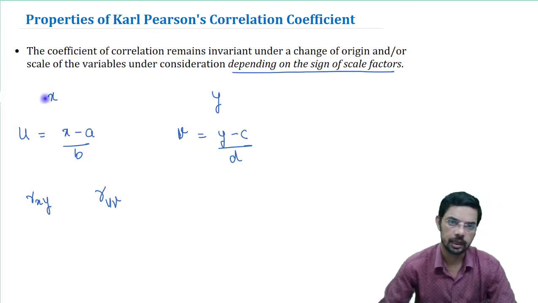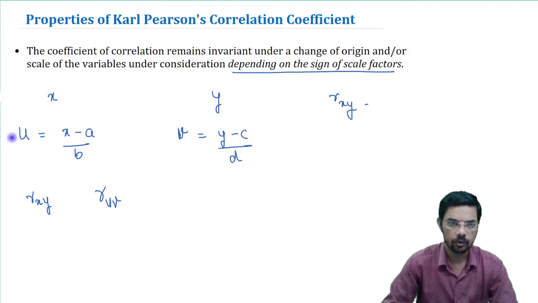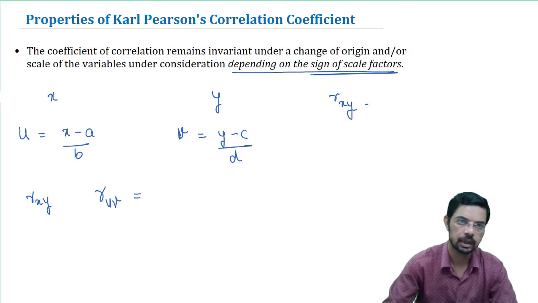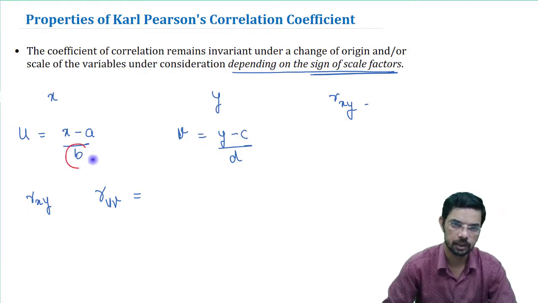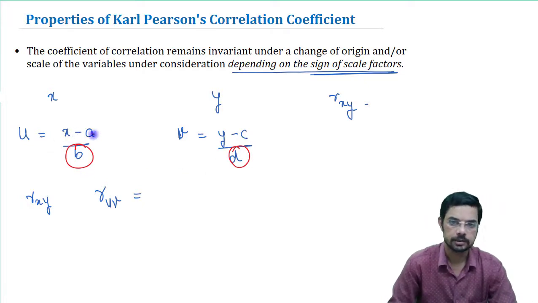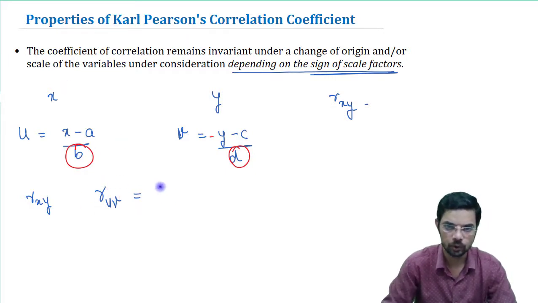The correlation coefficient between u and v depends upon the sign of the scale factors. b and d are the scale factors of x and y. So r of uv will be equal to b into d divided by modulus of b into modulus of d.